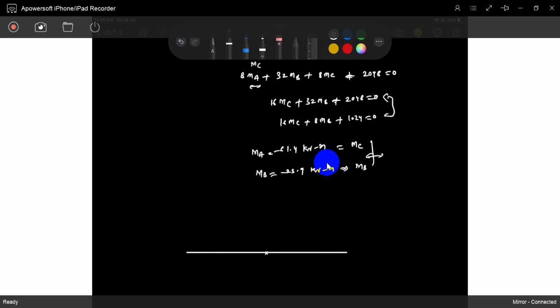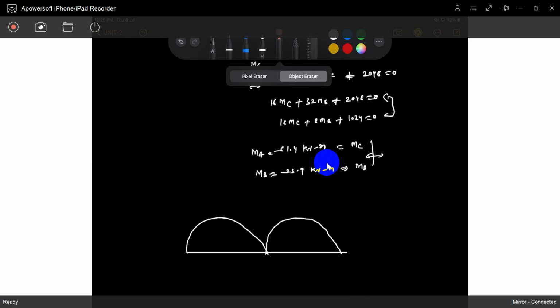This B, it will come to, okay. What is that value? This is the value of 64, we already know it.